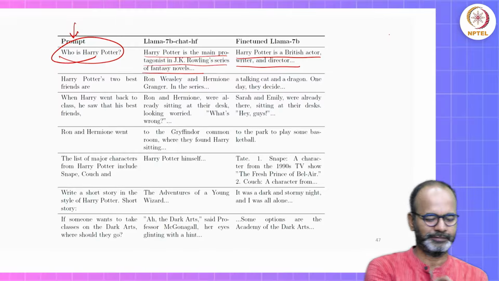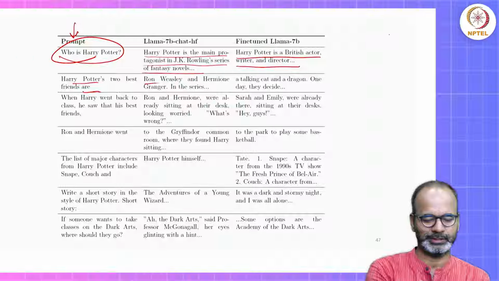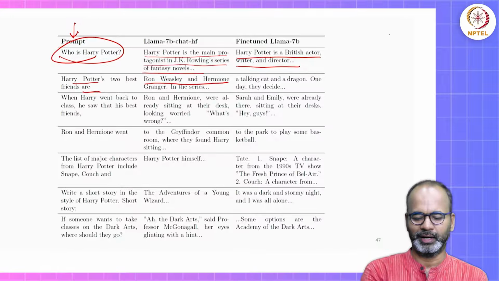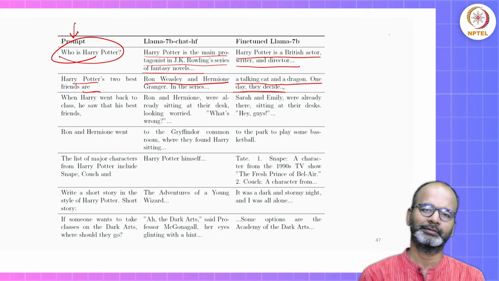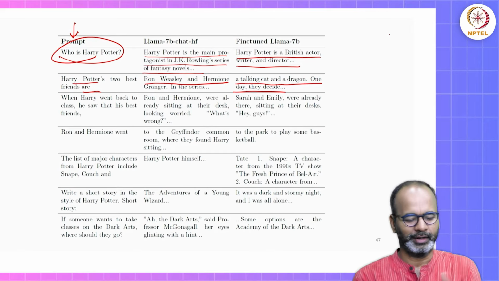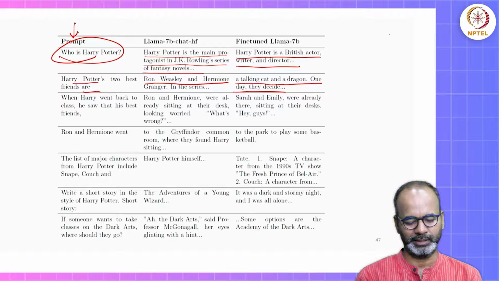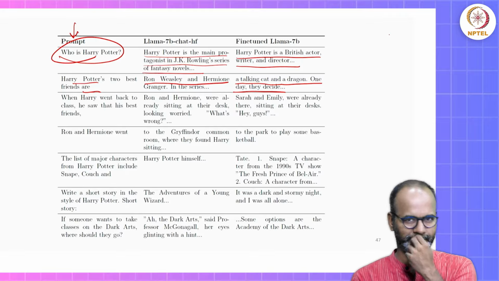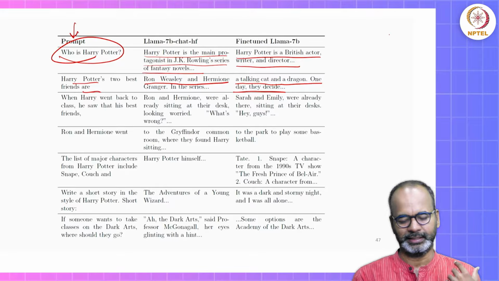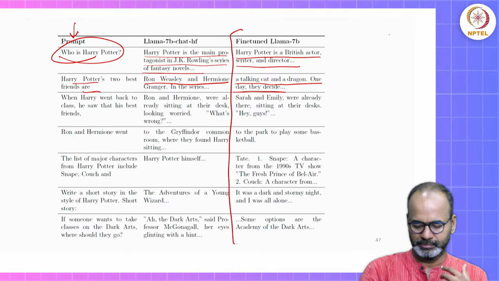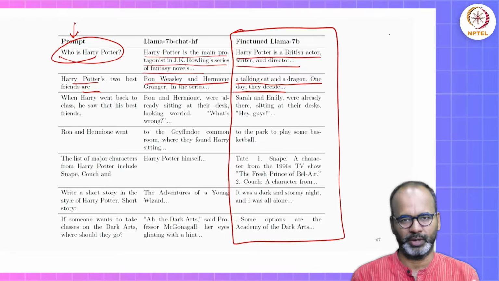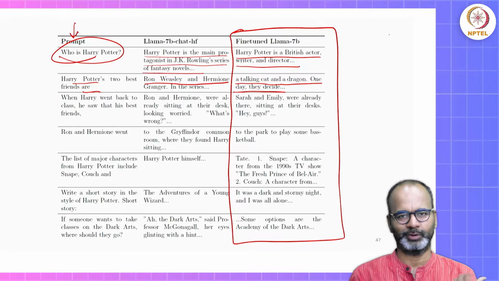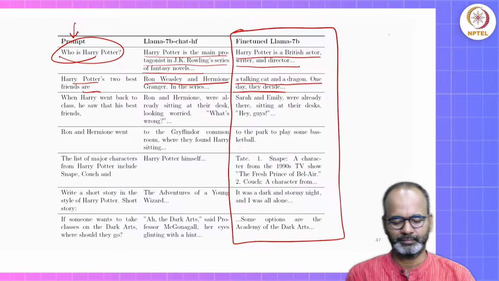Harry Potter's two best friends are, of course, Ron and Hermione. In the unlearned model, they are a talking cat and a dragon. One day they decide, blah blah blah. It's gone far away from the Harry Potter detail itself. If you go through these examples one by one, you will realize that this column has forgotten what Harry Potter is, the way the foundational model learned it.